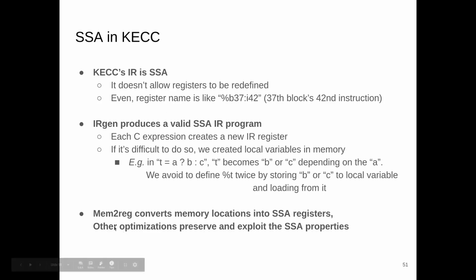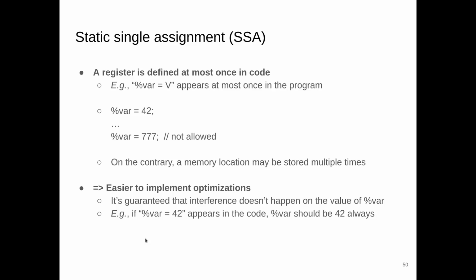So mem2reg creates SSA registers, and these SSA registers are exploited in other optimizations. For example, as we saw in the previous slide, the constant propagation algorithm exploits the fact that this &var should be 42 in the rest of the execution.